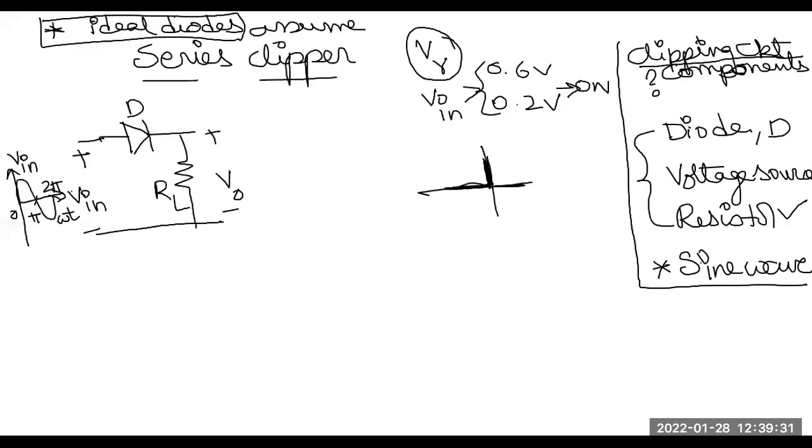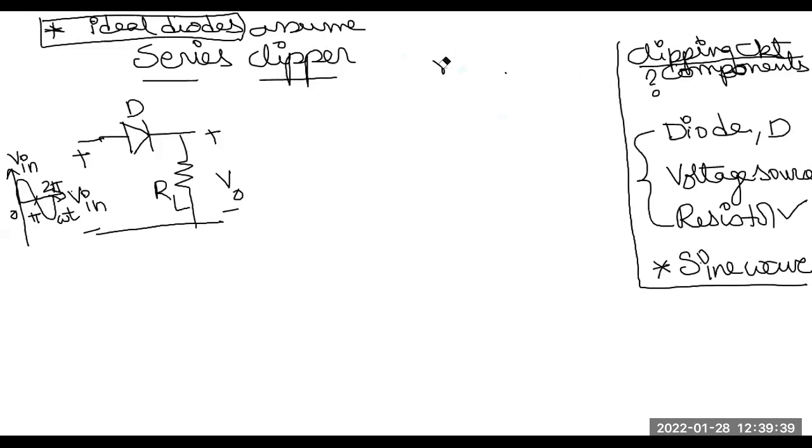So with this, the input waveform is as shown here. How do we get the output waveform? We need to analyze. Remember, whenever it comes to the analysis of clipping circuits, you need to split your input waveform into two: it has a positive half cycle and a negative half cycle. You need to consider what is going to happen for the positive half cycle and for the negative half cycle.